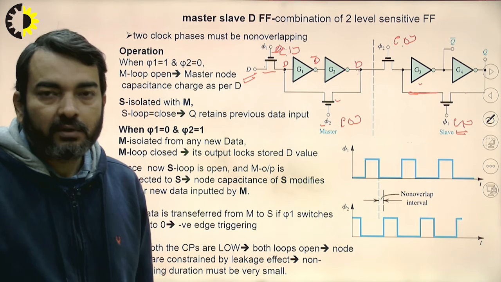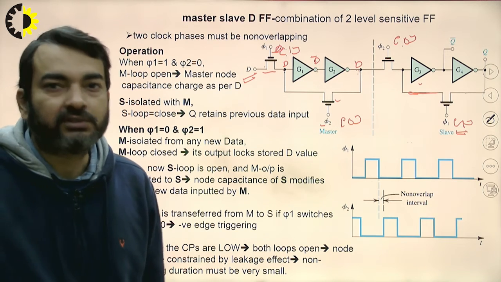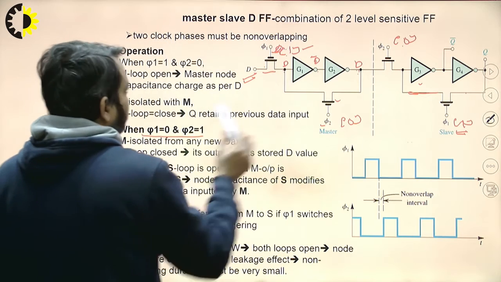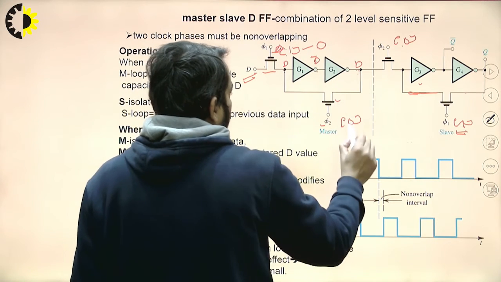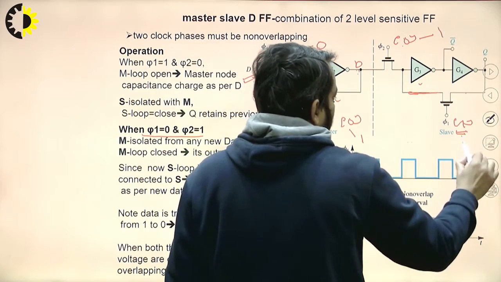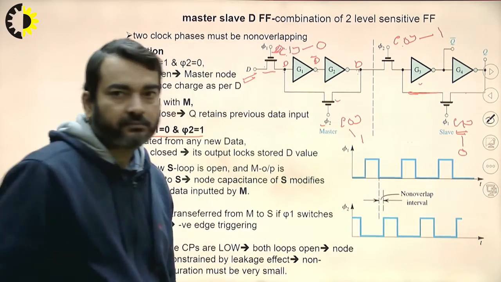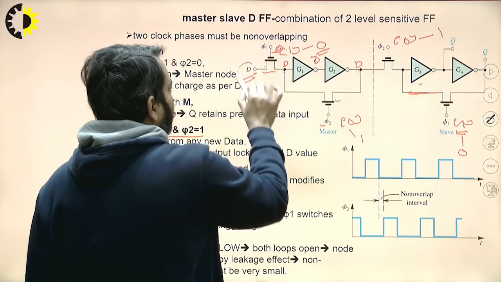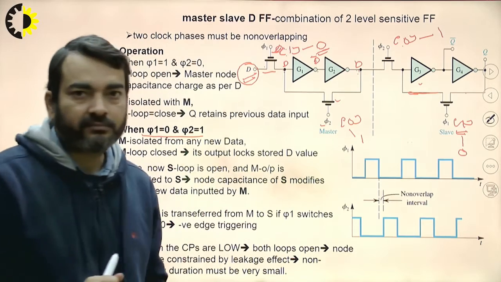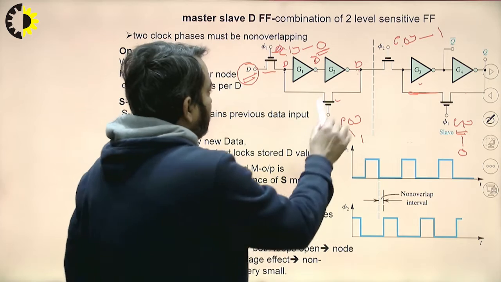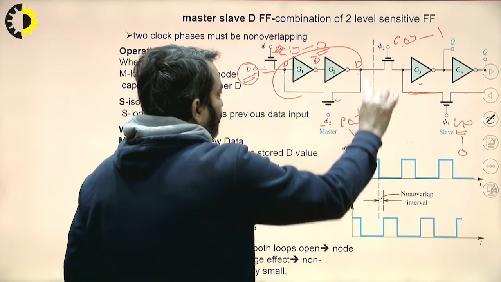Now we will take the case of clock switching. Now the clock will change, this is the second case. It is 0 now, it is 1 now, it is 1 now, it is 0. The moment it becomes 0, no new data will be entered. This transistor is off. It is 1, so this loop is closed.